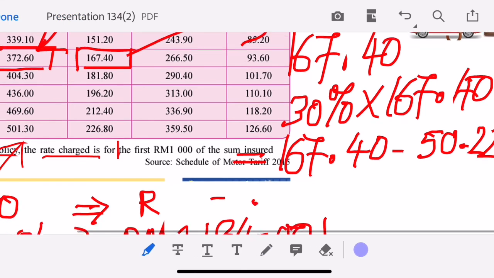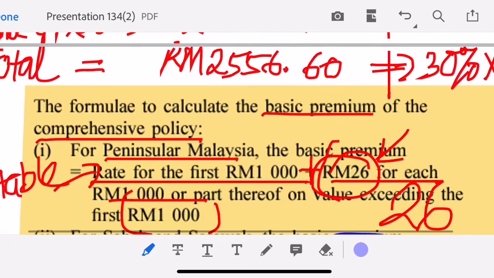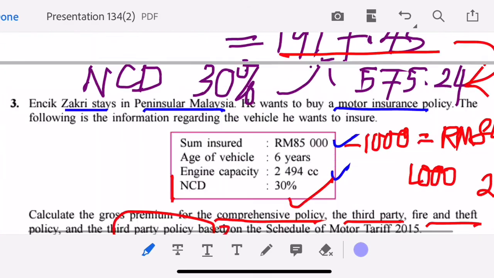So you have to take 167.40 minus 50.22. So the answer is 117.18. Okay, so that is how you do calculation for the three types of insurance policy.